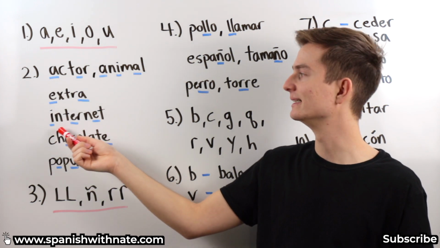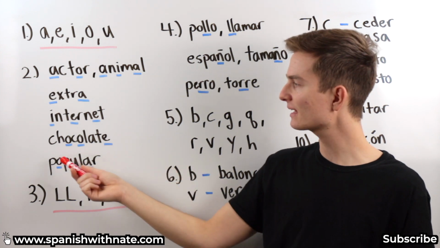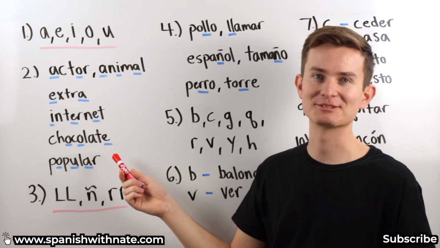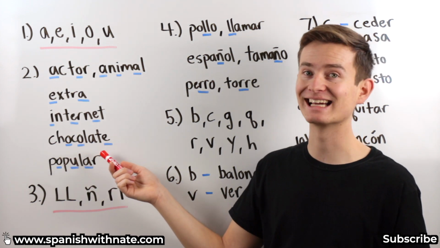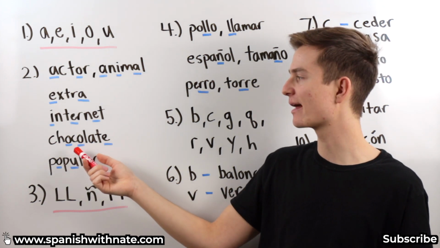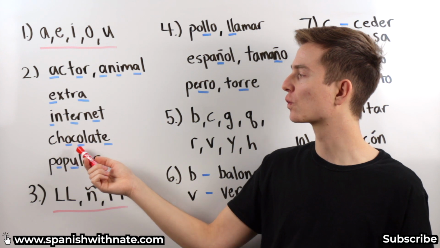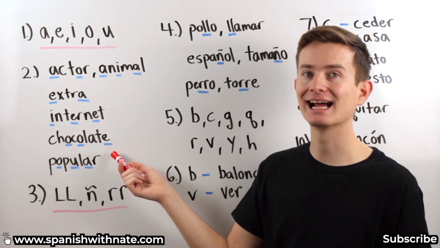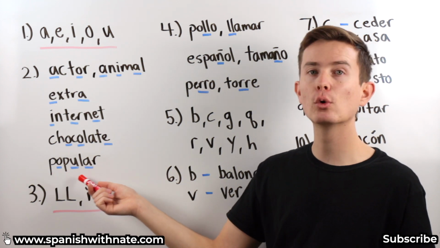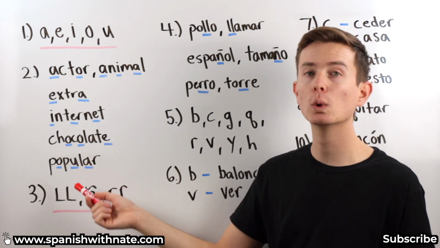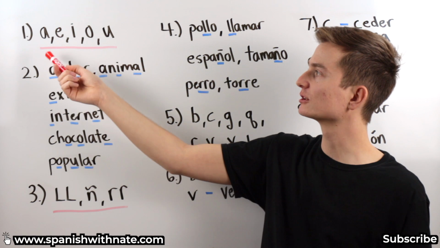Not "internet," internet. Chocolate. I like this one, it's fun. It's not "chocolate," it's chocolate. You really hear that O sound in here. Popular. Notice the U. So, one more time.